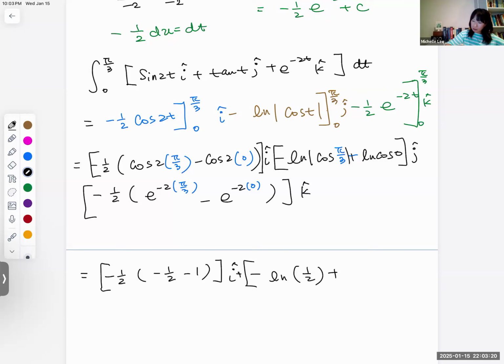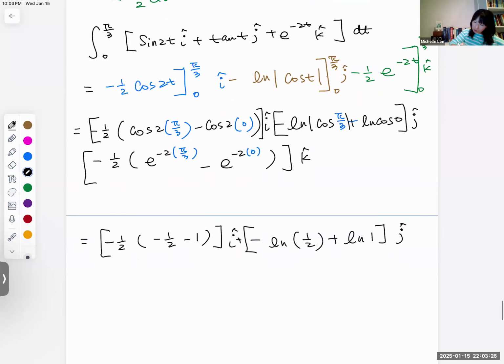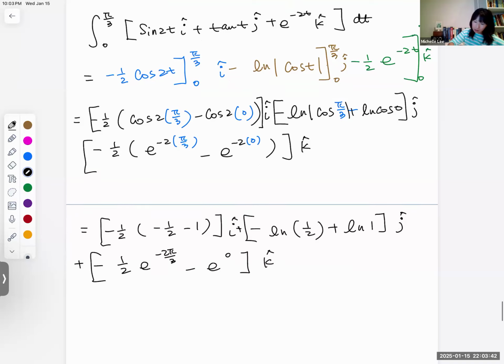So ln 1, j hat. And the last term, minus 1/2, e to the negative 2 pi over 3 minus e to the 0 power, k.